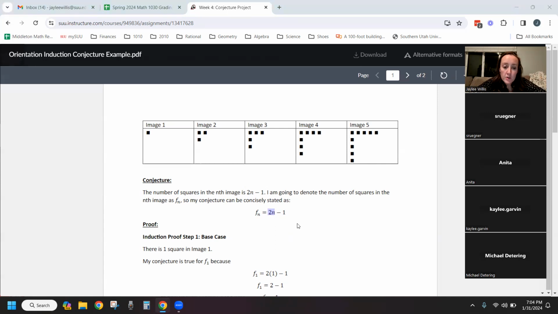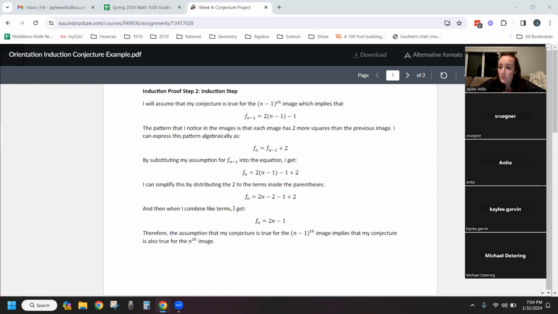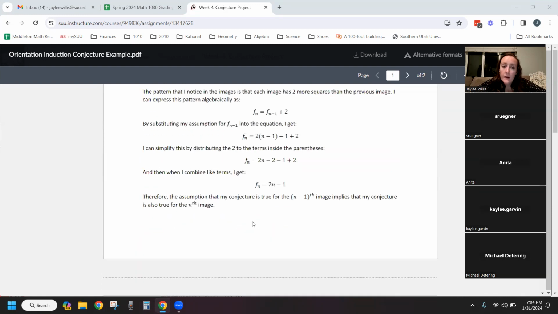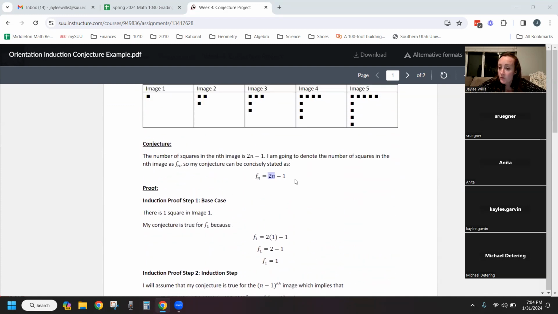So once you've stated your conjecture, an induction proof always has 3 steps. There's the base case, the induction step, which is where the bulk of the work is, and then there's the conclusion. The base case is basically just proving that your formula works for the very first image. So you say, okay, in image 1, there's 1 square.